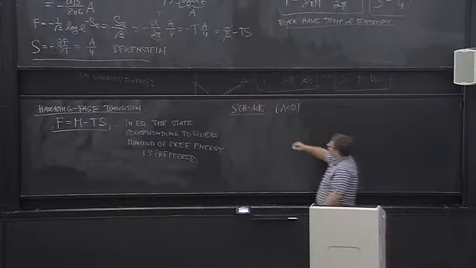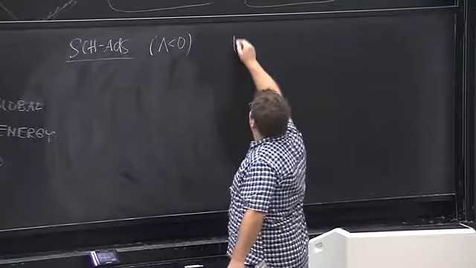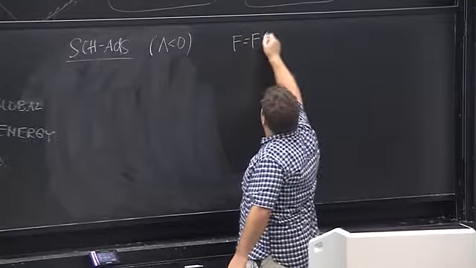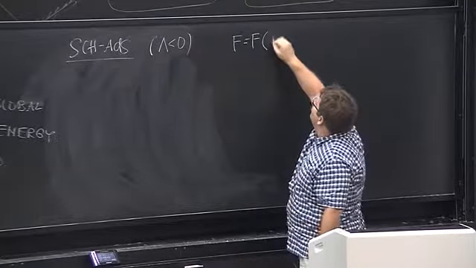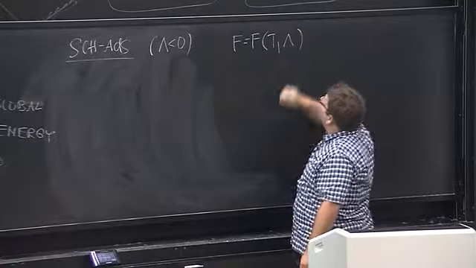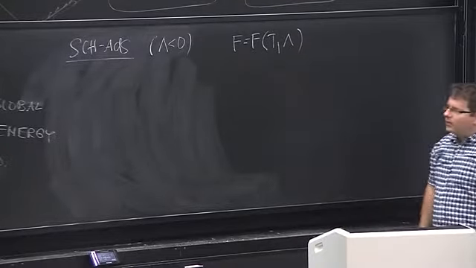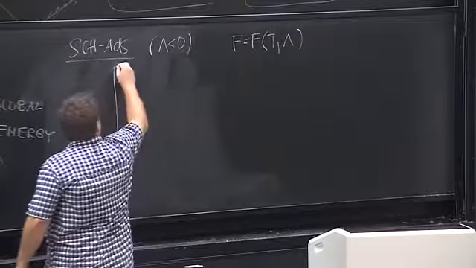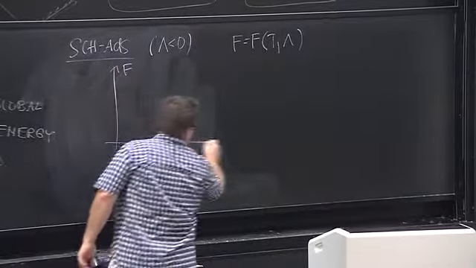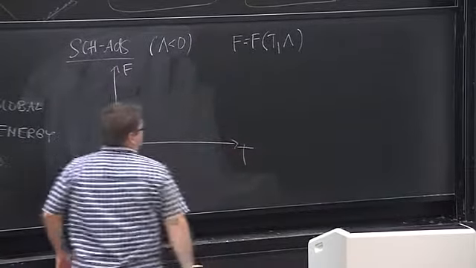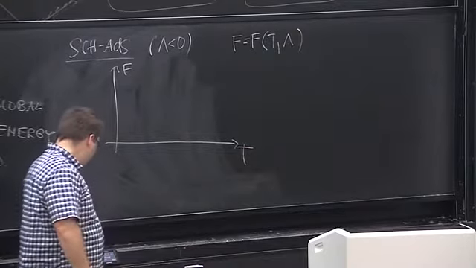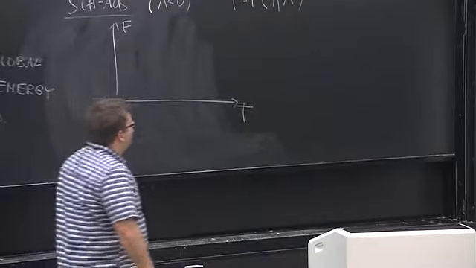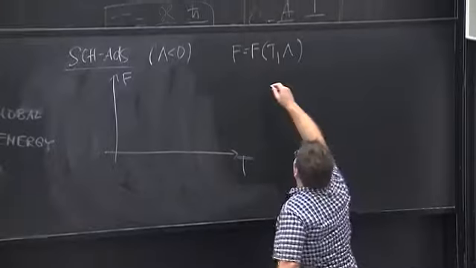So the free energy is a function of temperature and lambda. Now I can plot this for fixed lambda. And so the free energy as a function of temperature will look like this, and this is for lambda fixed.